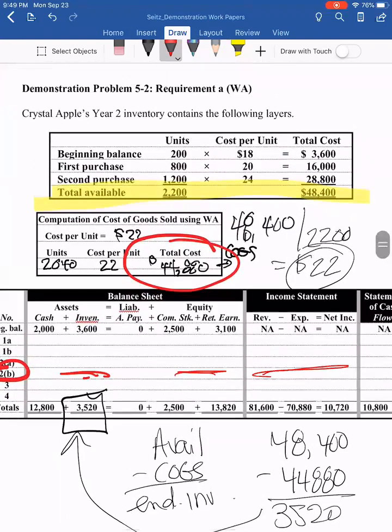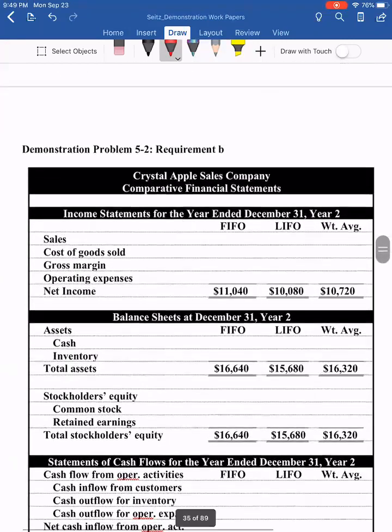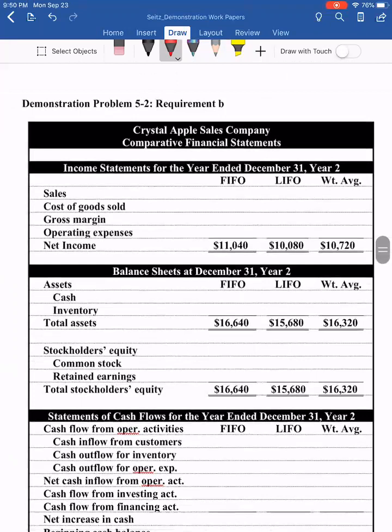You can see that we're stepping up by $2 here and by $4 here. And so, it might not be that perfectly stair-step pricing whenever you go to do the calculation. So that's why it looks like the weighted average could possibly be an average of LIFO and FIFO, but that's not always the case. So please refrain from just adding those two together and then dividing by 2. That doesn't work out every time.